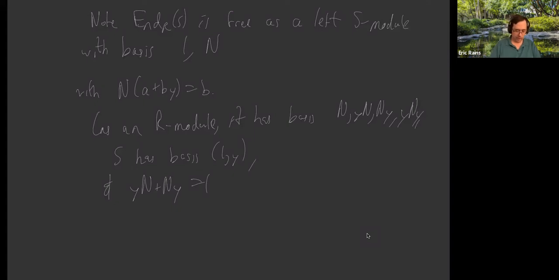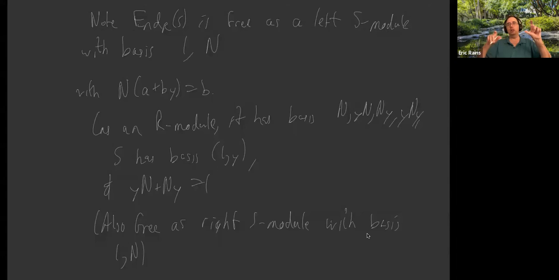Okay. It's also true that it's free as a right S module with the same basis. But viewing it as a left basis and viewing it as a right basis are not actually compatible.